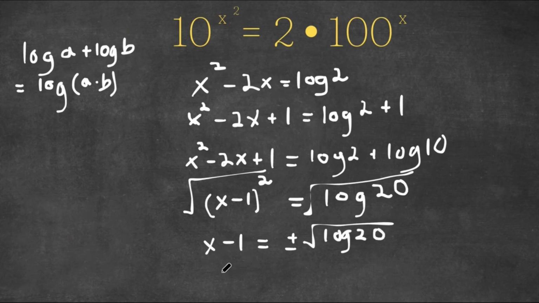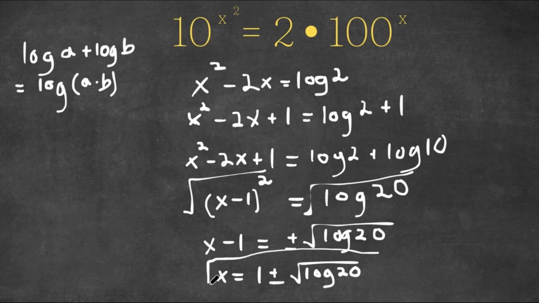Now if I add 1 on both sides, I get x is equal to 1 plus or minus the square root of log 20. So this is our answer.